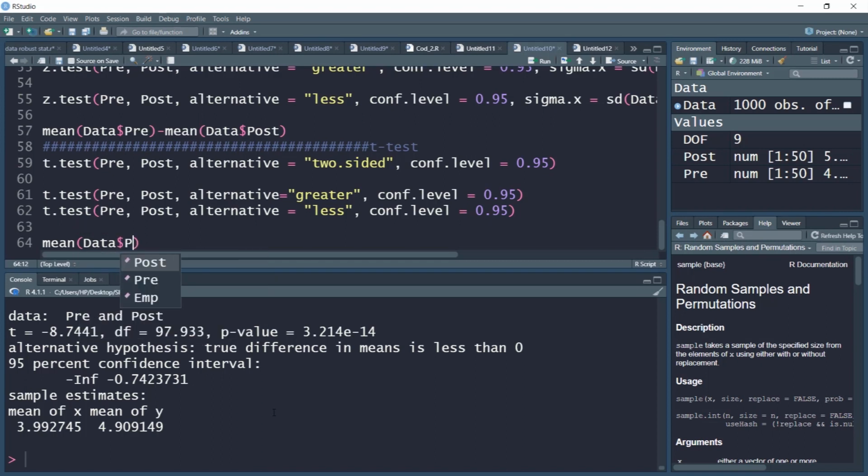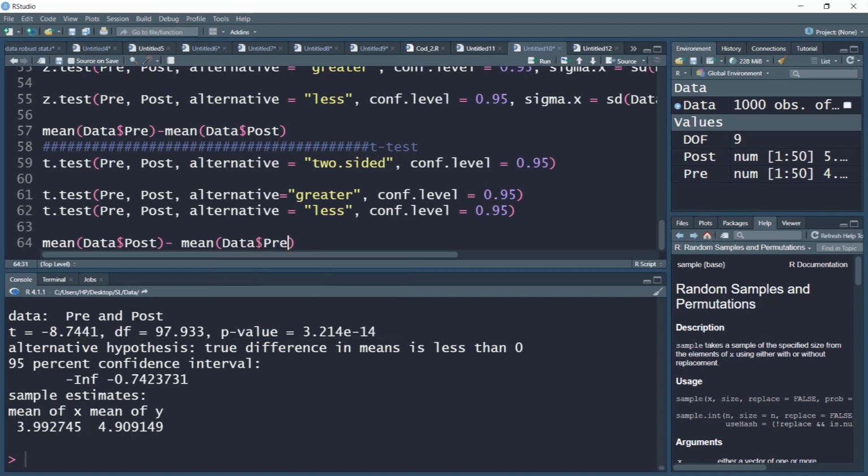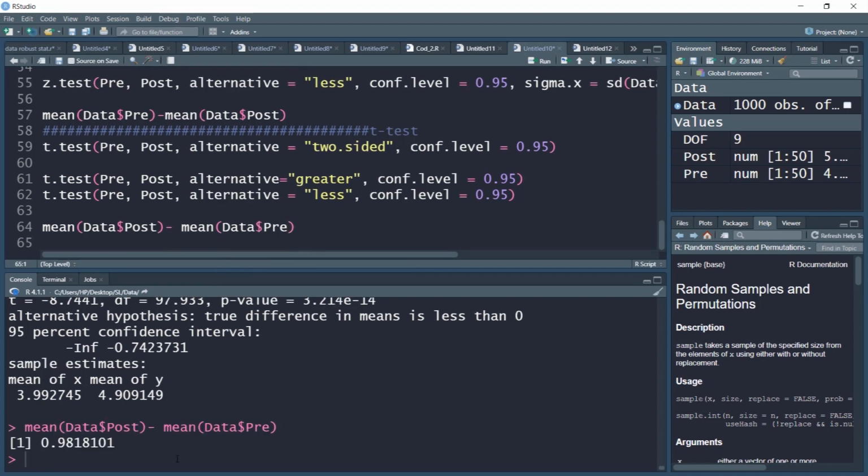So we'll take the mean of the differences between post and pre and let us see if it is indeed large. We are directly working with the population now, so we can see that the difference is indeed quite large. It is 0.98, which suggests that the inferences that we made about the population are indeed valid and they hold with the population.